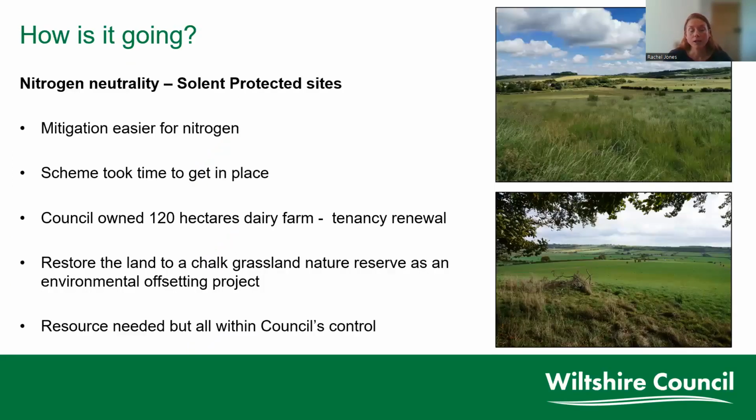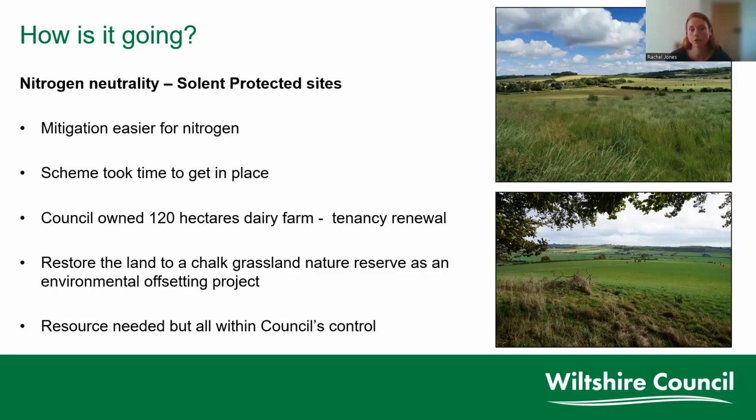So how's it going? I'm going to firstly touch on the nitrogen strategy, because mitigation does tend to be easier for nitrogen rather than for phosphorus. It did take us a long time to get a solution in place, but we were lucky enough to own a strategic farm, a 120 hectare dairy farm in basically an ideal place for mitigation for nitrogen for the Solent.